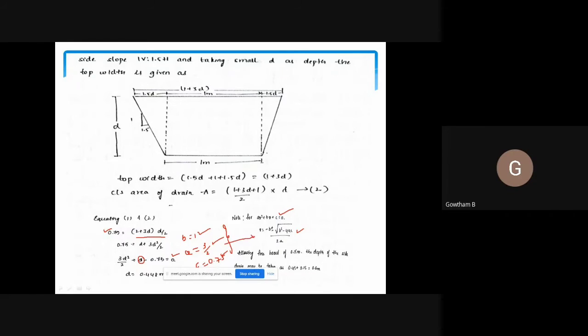Substitute all here. You are going to get D as 0.448 meter, or else you can consider this D as 0.45.